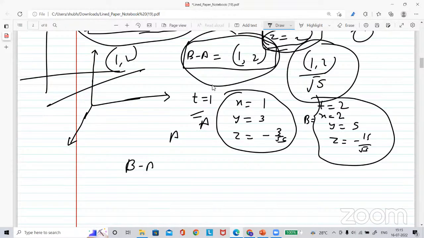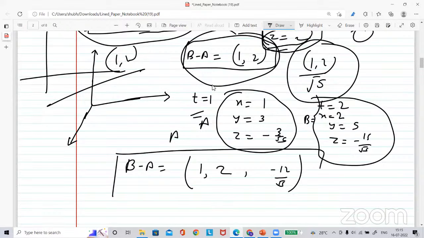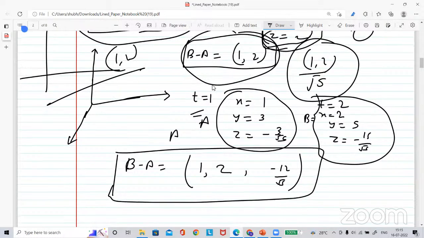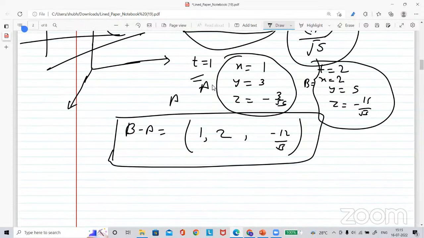Now b minus a, what will it give? Okay, fine, this will work. So b minus a will give 1, 2, and this is minus 12 by root 5. This is the direction of the line. b minus a will give the direction of the line.